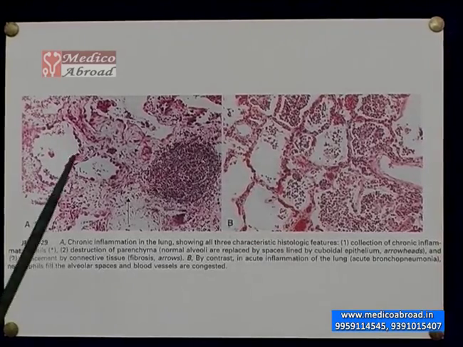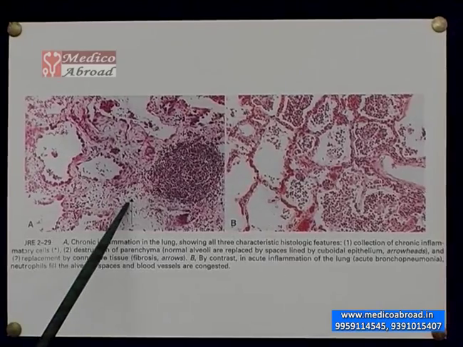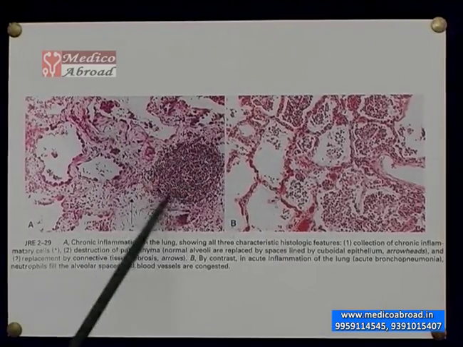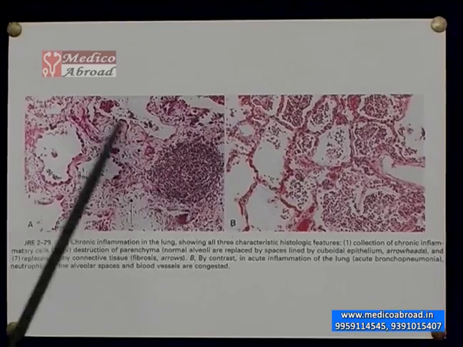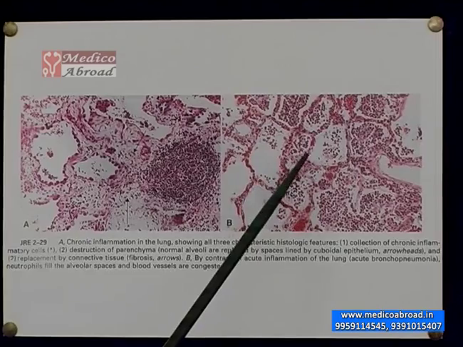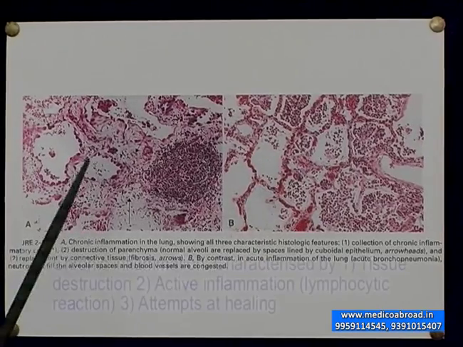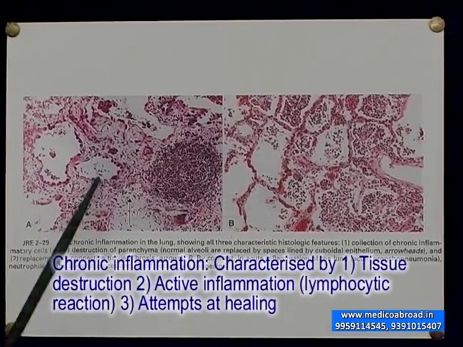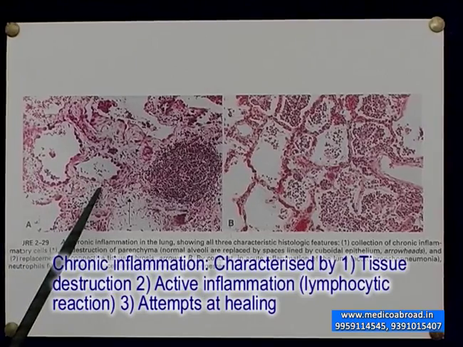If you take a look at this picture, this shows you chronic inflammation. There is necrosis of the alveolar tissue. The basic structure that is maintained here is destroyed here. So that's the first point in chronic inflammation: destruction of the tissues, number 1.